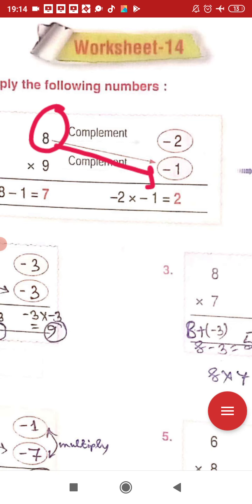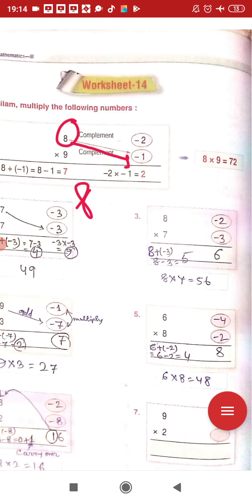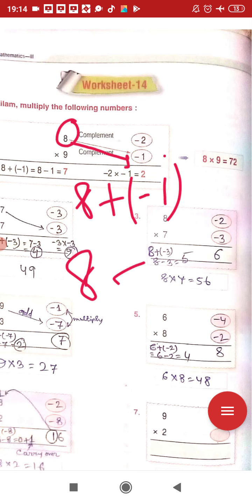So just add 8 plus, and this is the negative sign, minus 1. That means we need to subtract: 8 minus 1. Just subtract 1 from 8. Plus and minus, plus minus is minus.